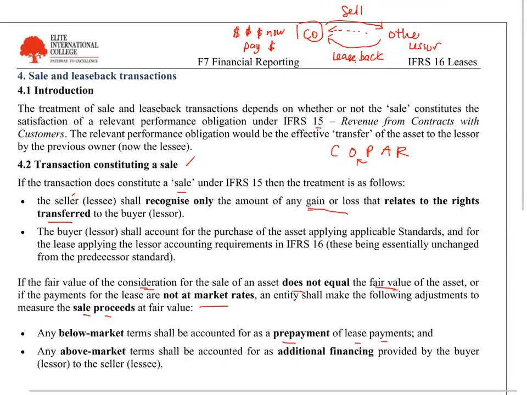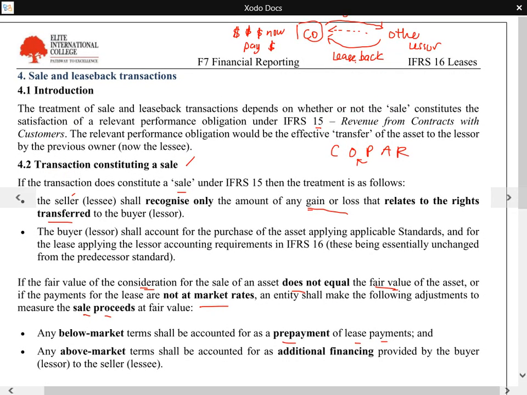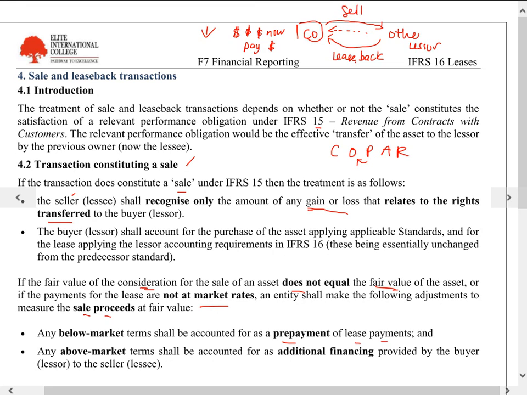Because I sell to them below market. This is the market price, and I receive below market. So who is benefiting here? Others, correct? They pay me less, so most of the money is there. So we call that a prepayment.